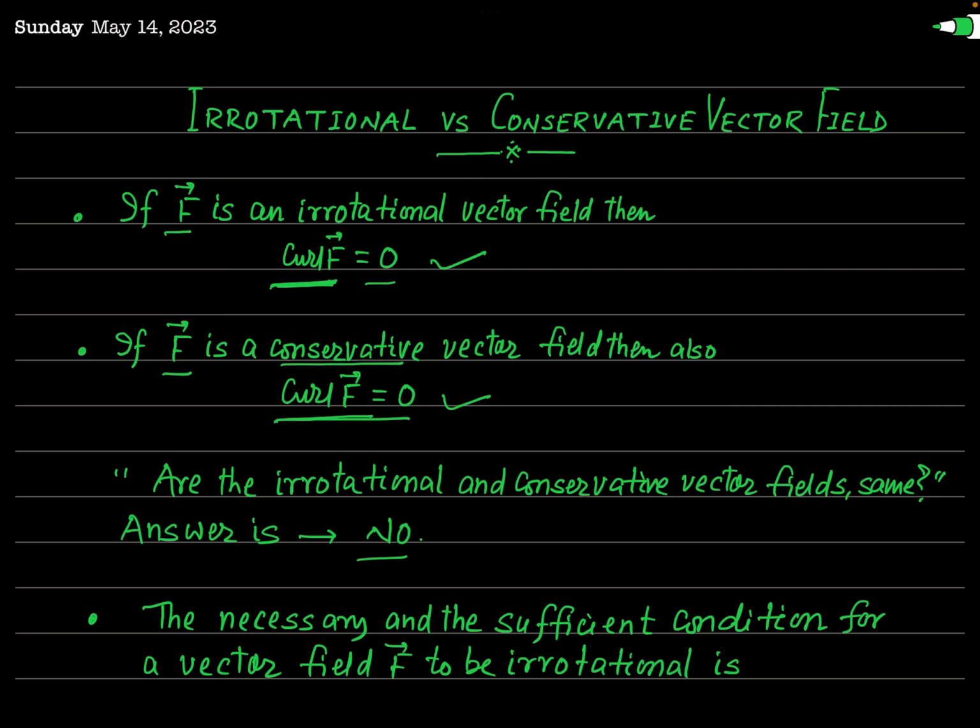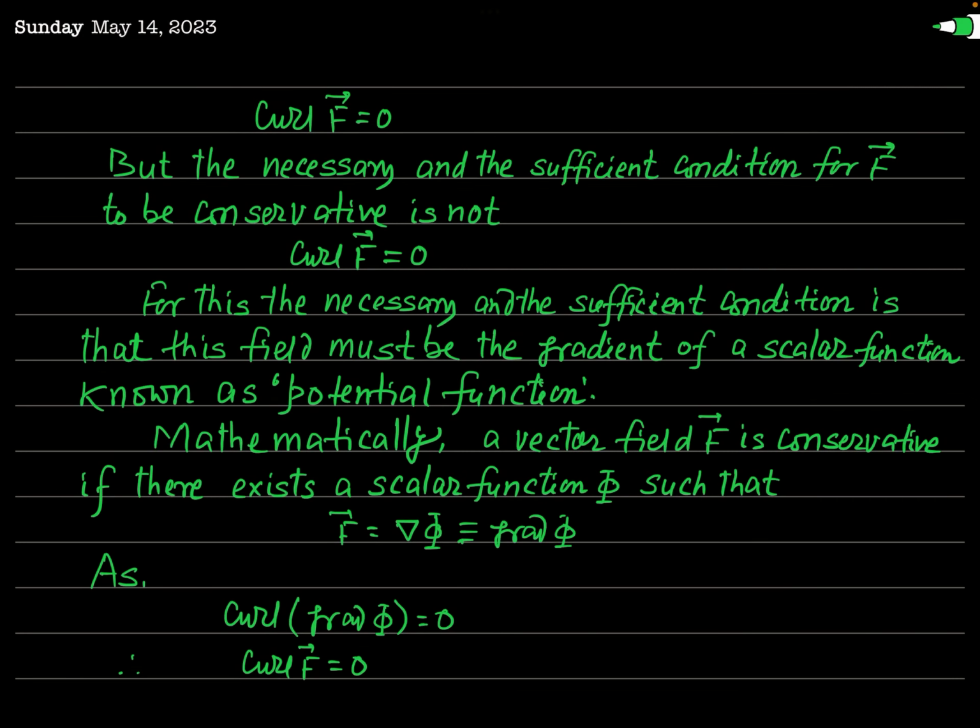But the same condition, that curl of f equal to 0, is not the necessary and sufficient condition for f to be conservative. It is necessary but not sufficient. In fact, what is the necessary and sufficient condition for a vector field f to be conservative?